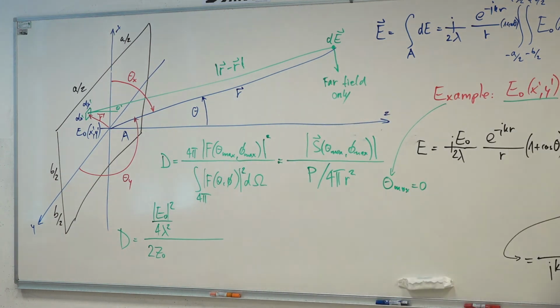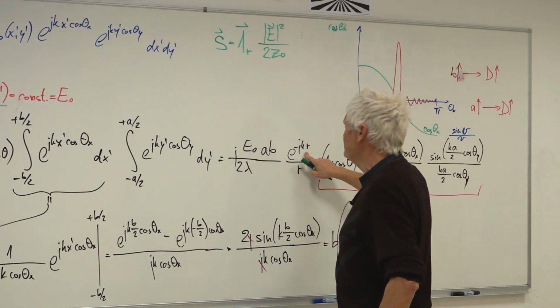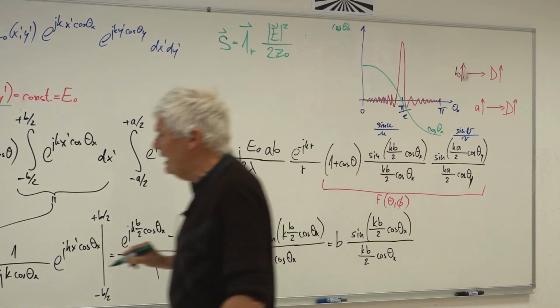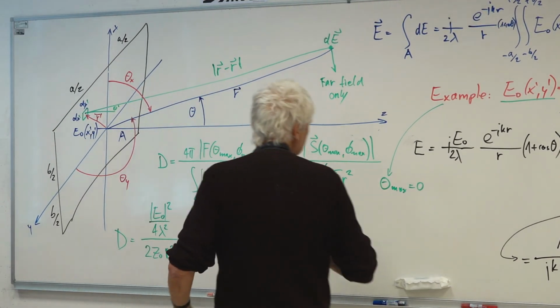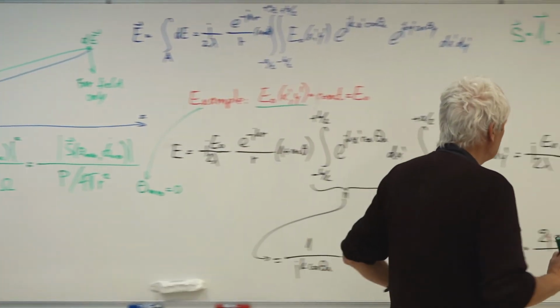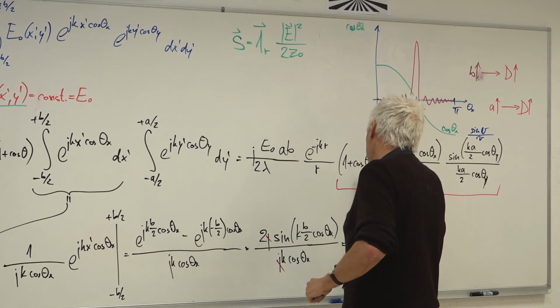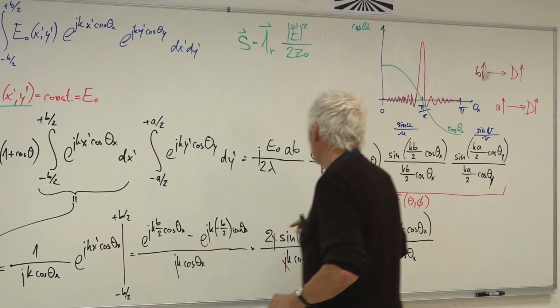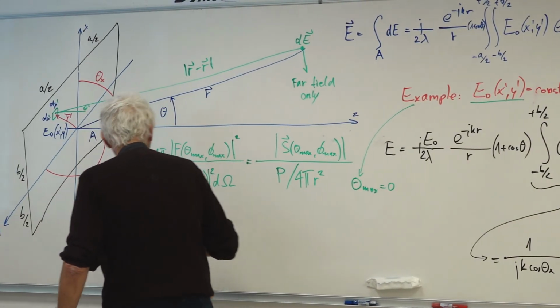If I calculate this, then this goes away with the absolute value, 1 over r, so r squared in the numerator. This 1 plus cosine theta is equal to 2 because theta is equal to 0. Cosine theta is 1, so this is times 4 here, okay?